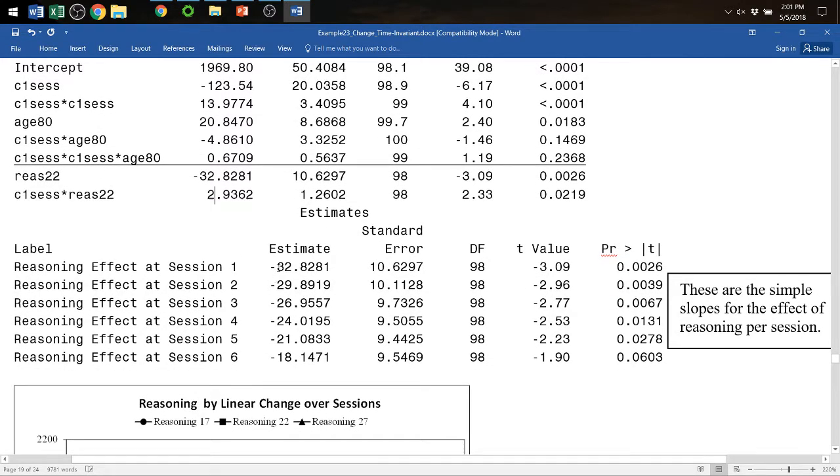And that's shown right here. So the effective reasoning at session 1 is minus 32. The effective reasoning at session 2 is less negative by 2.9, less negative by 2.9, and so on. So the effective reasoning is, if you want to put less negative into friendlier language, diminished, reduced.